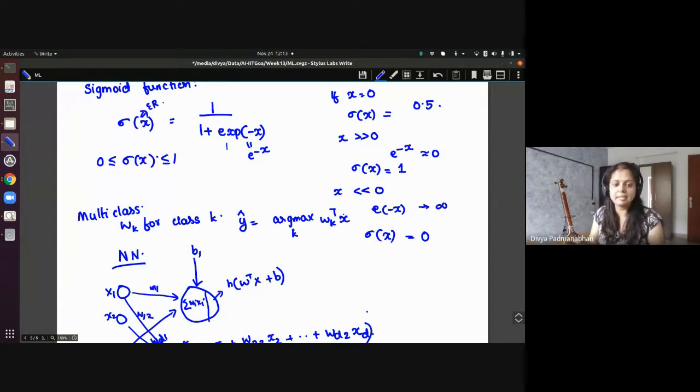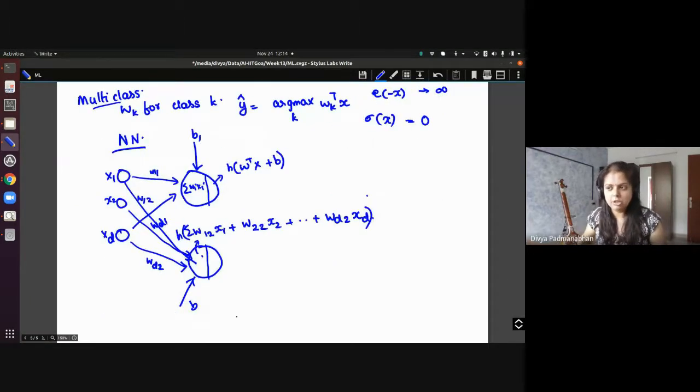Instead of taking greater than 0 or less than 0, this is another way people do a multi-class classifier. So that is like having multiple such units.